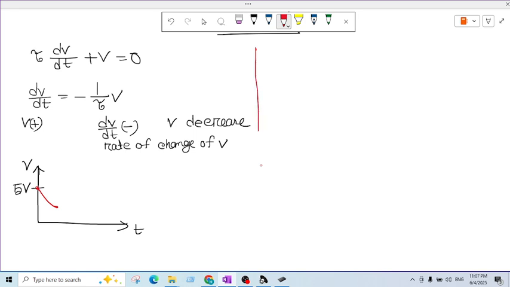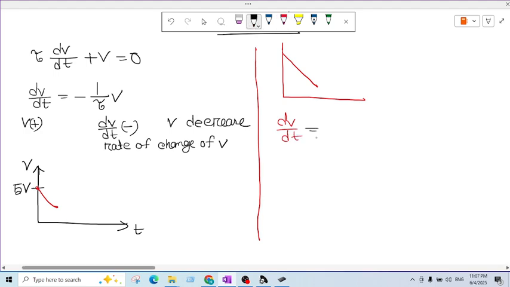Now the second question: is it decaying linearly or not? Let's find out. What is dv by dt? Yes, dv by dt is the rate of change of v, but another thing is it's the slope. dv by dt is the slope of the v versus t graph, right?